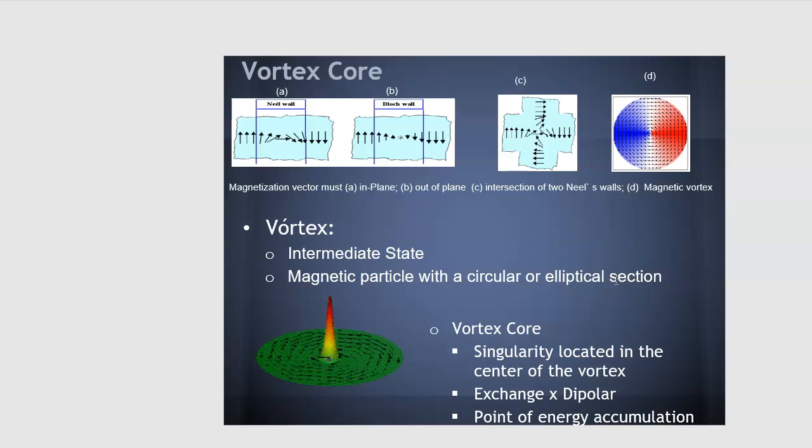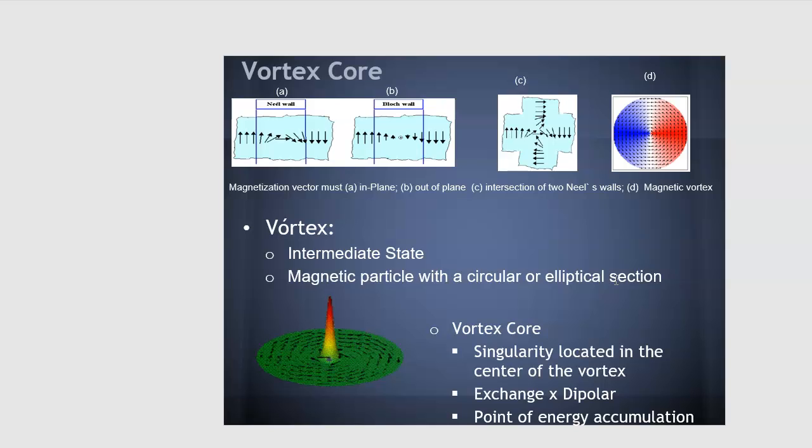The magnetization vector is in plane in the Néel wall, whereas it is out of plane in the Bloch wall. And what happens when the diameter of the nanoparticles is reduced and competes with the thickness? The Bloch wall is replaced by the Néel wall.